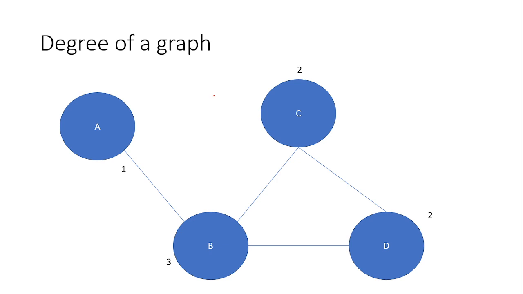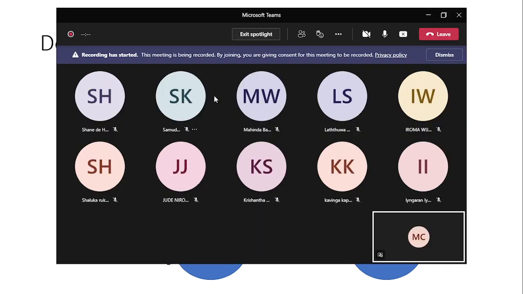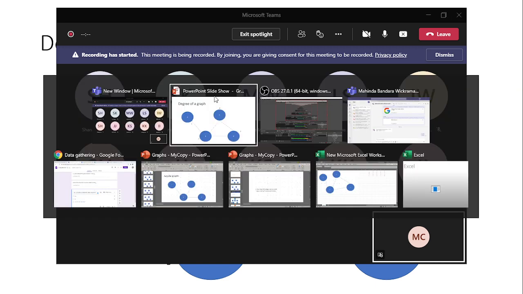Now I have a question. If a person has a higher number of degrees, if you get a question like this, who is the most influential person, the one having higher degree or lower degree? You can use the Google Doc. Any questions? No, right. You can use the Google Doc.